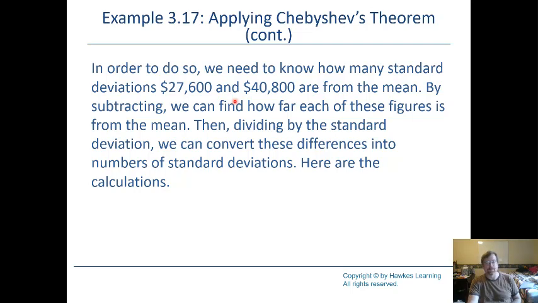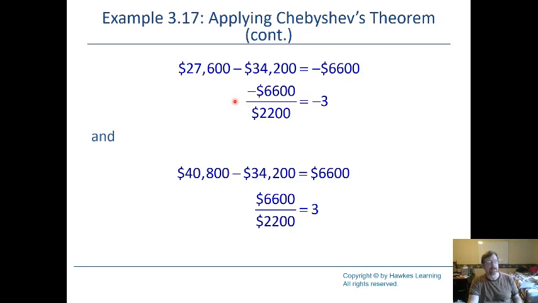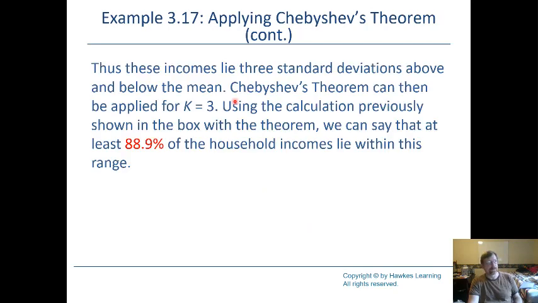I don't think they'd be that mean this early on. We've got three standard deviations below and 3 standard deviations above. So k in this case is going to be 3. So they did that calculation for us already, so we know this is going to be at least 88.9%. All right, and that is it.